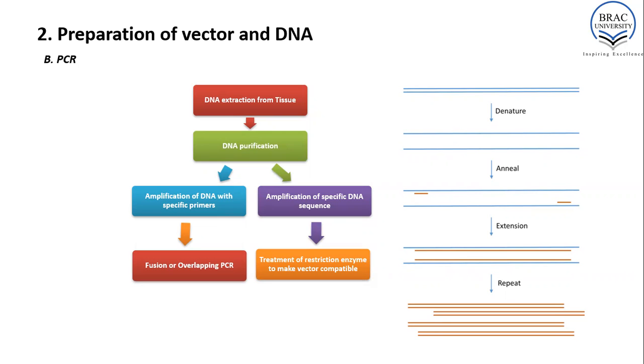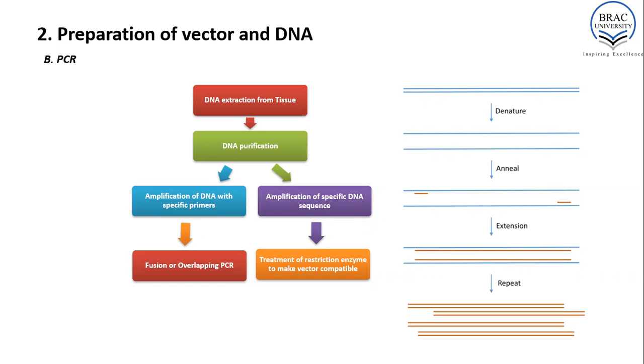are, first, to denature the double-stranded DNA to break the hydrogen bonds between the nucleotides and generate single-stranded DNA sequences. Then annealing a specific primer. A primer is an oligonucleotide which can be designed and ordered from commercial vendors. This primer binds specific sequences of a single-stranded DNA.